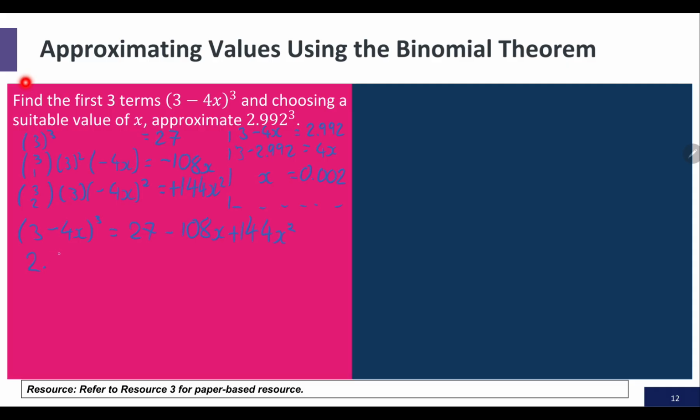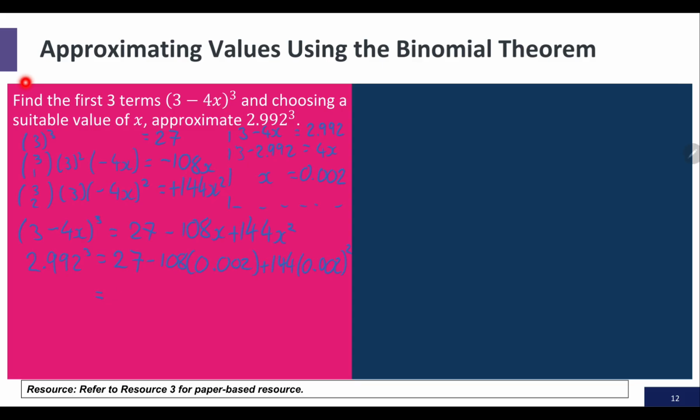So I'm just going to compare that with the question. All we need to do now is substitute all the values of x for 0.002. In my calculator, here we go, 27 minus 108 lots of 0.002, plus 144 lots of 0.002 squared.